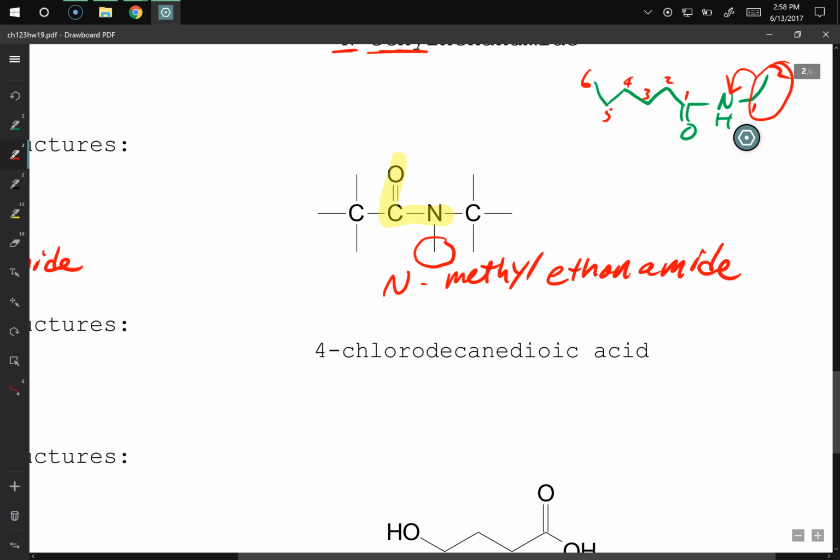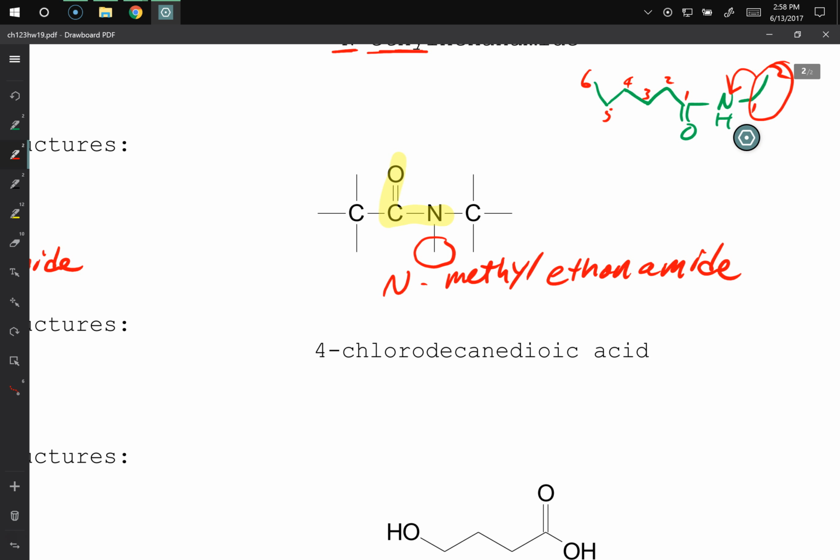Why is that not a carbon? This isn't a line structure. How do you know this isn't a line structure? Because I wrote a C. So there are 3 C's, an N, and an O actually written, right? So that means the lines are actually what? Hydrogen. They're just hydrogens.